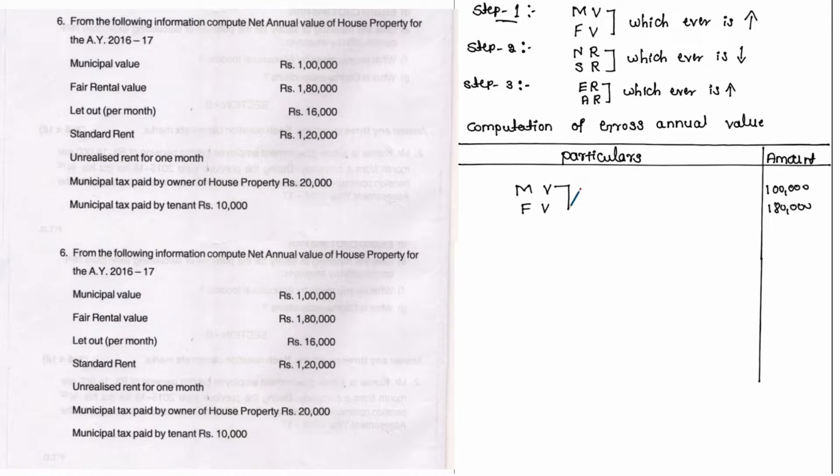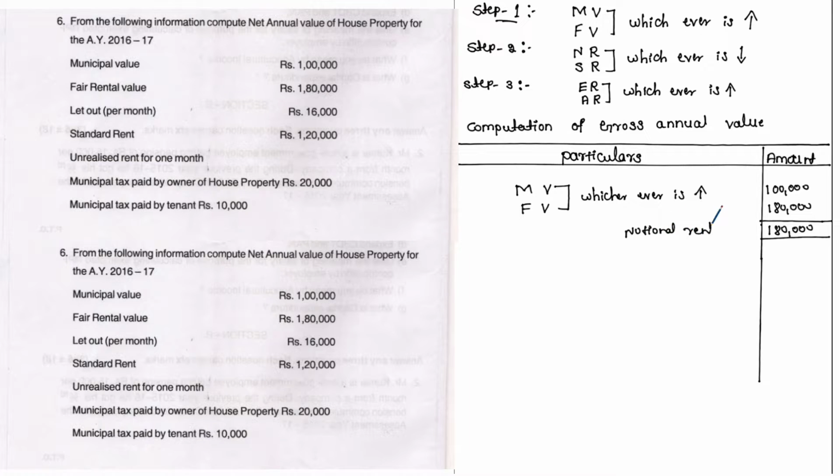Whichever is higher, that amount we should consider. So in these two amounts, higher is 1,80,000. So this will be the notional rent.